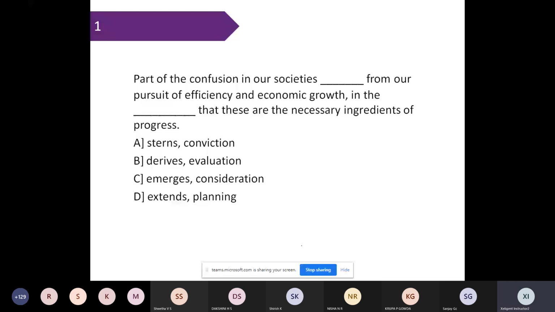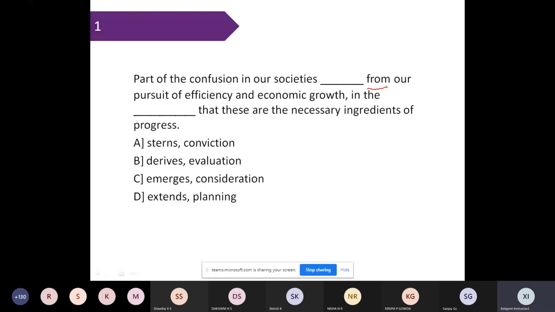Okay, C is the answer which two people have given, but I want the guess word. What could be the guess word? Part of the confusion in our societies, there is a preposition after the blank. So this is from. Where do we use from?